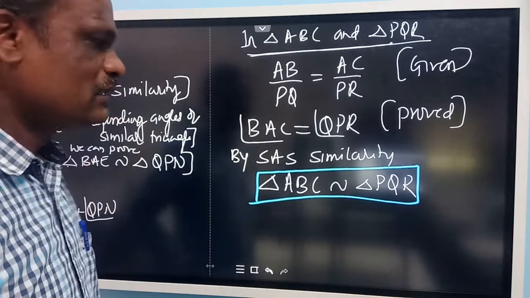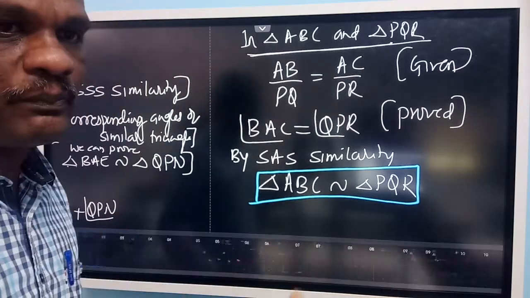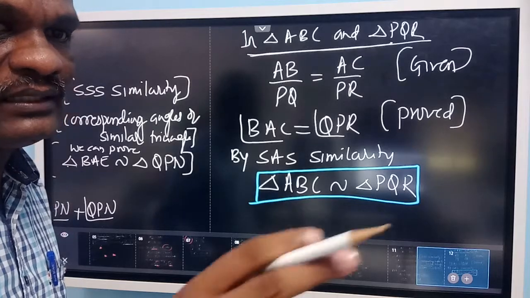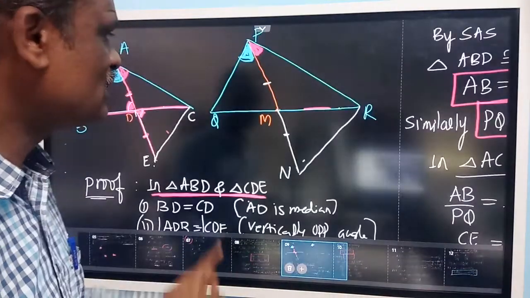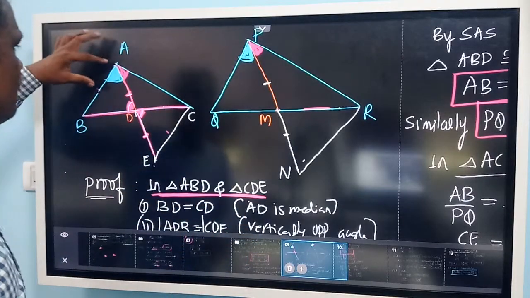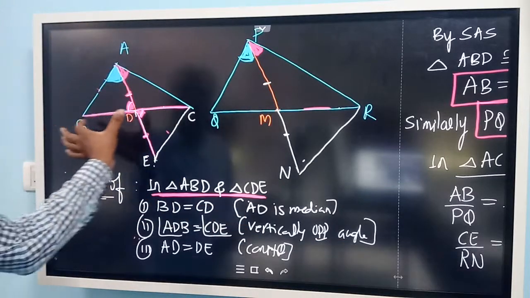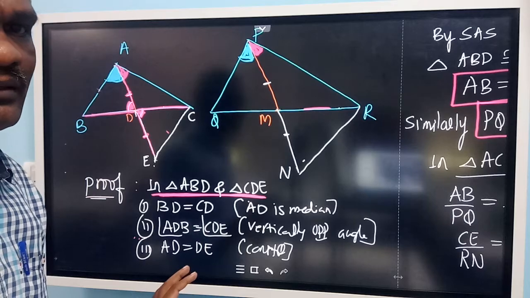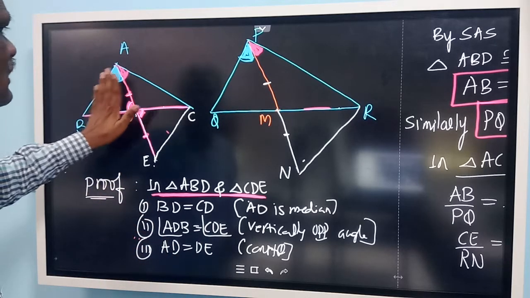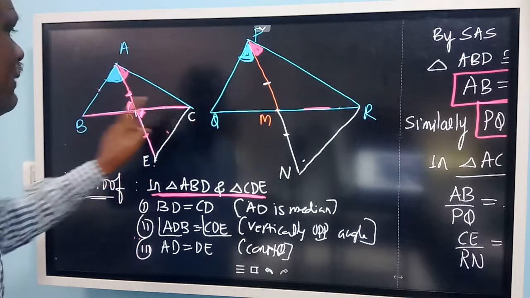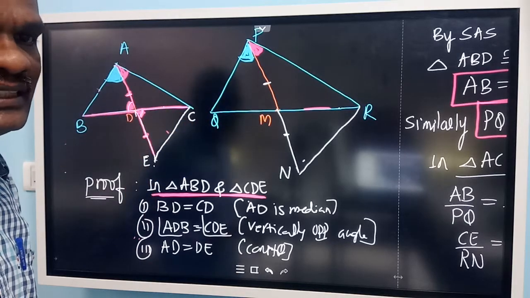Okay, is it clear? There is only a small change between the previous question and this question, but you see the difference, so many steps here. In the previous question, question number 12, they gave AB by PQ and BC by QR. We used that concept, proved these two triangles are similar, and directly declared angle B is equal to angle Q. That was easier.